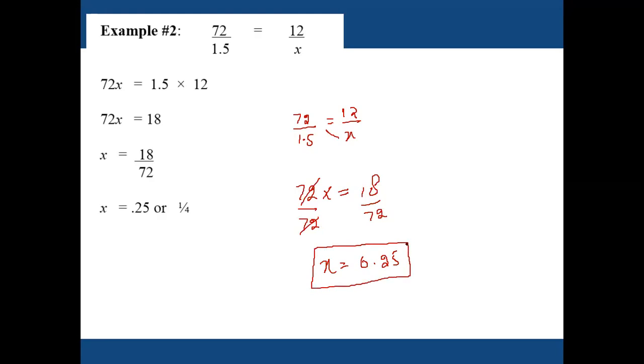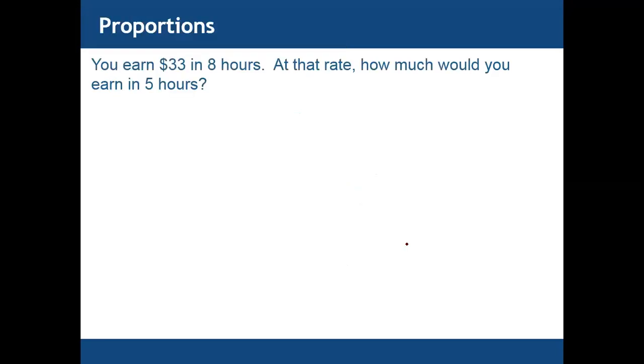Now one example, a word problem. Tell me how we can write this one. For example, you earn $33 in 8 hours. At that rate, how much would you earn in 5 hours? Same rate, how much would you earn in 5 hours? So how can we write it and find the unknown value?